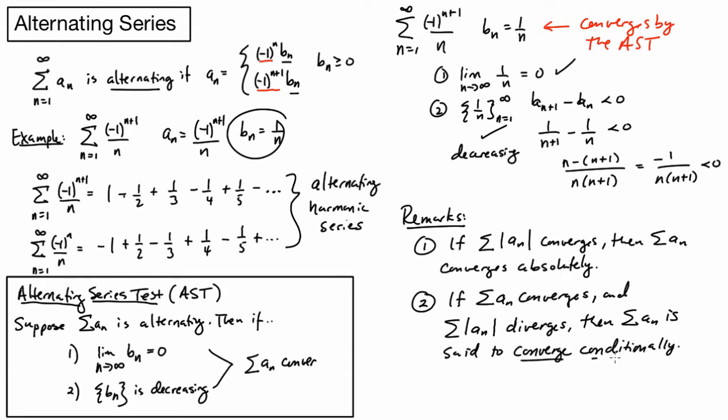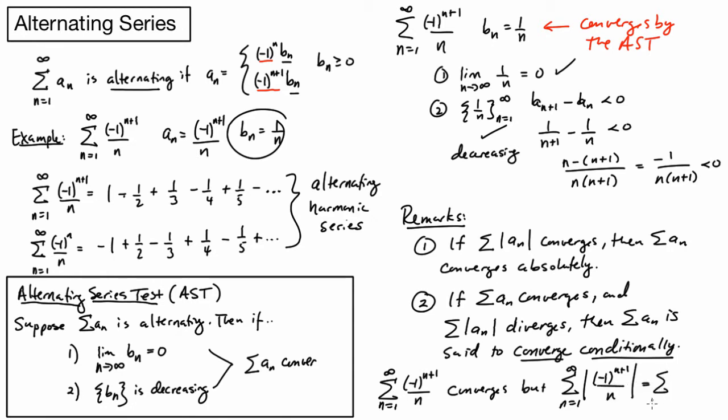So the point that I want to make here is this alternating harmonic series is a conditionally convergent series because this converges, but when I take the absolute value of the terms, they will no longer alternate plus minus.